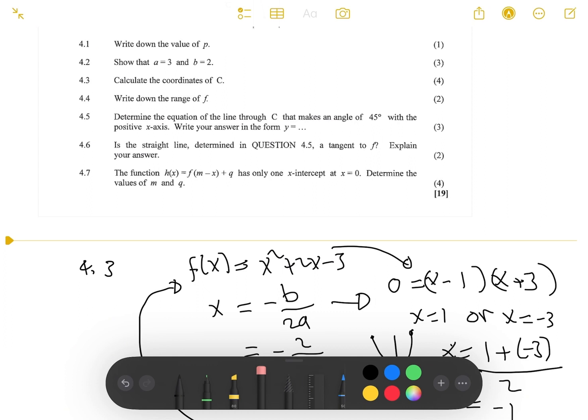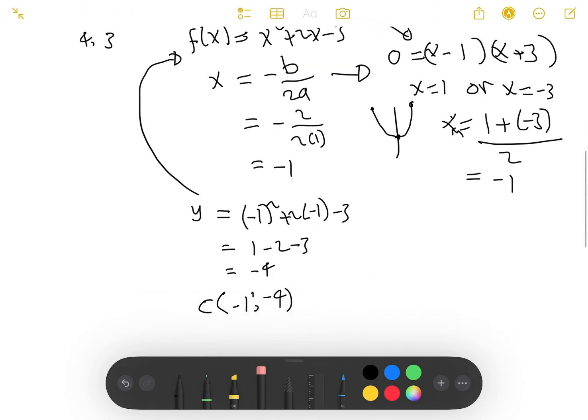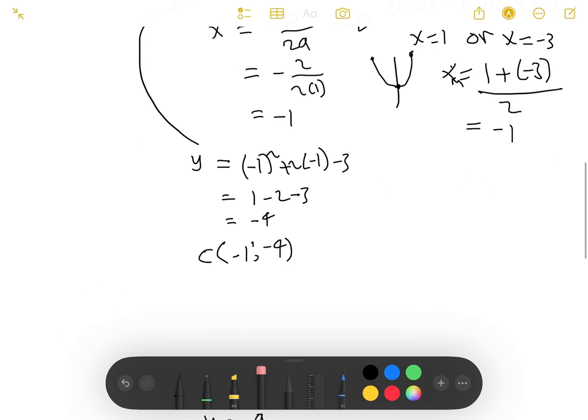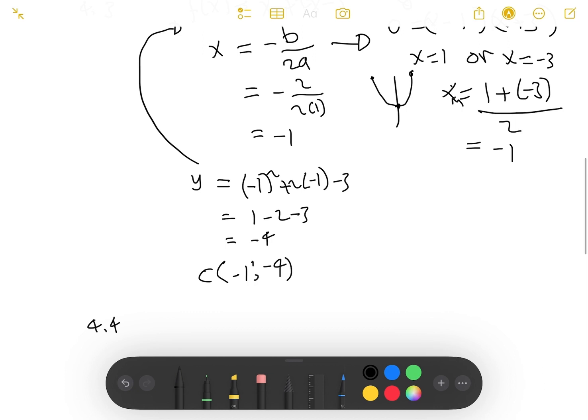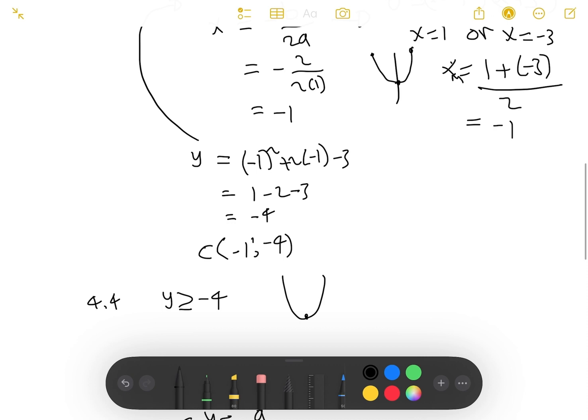And then 4.4, they say write down the range of f. Okay. 4.4, the range of f basically is y is an element of, y is greater than or equal to negative 4. Why is that? Looking at our graph, what is the lowest point?